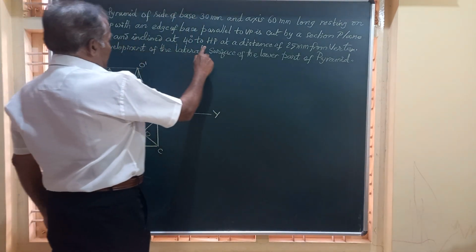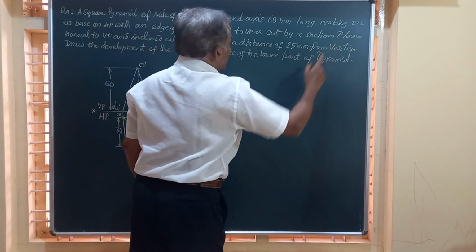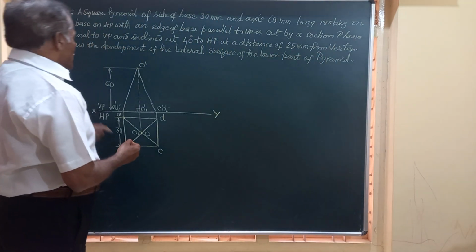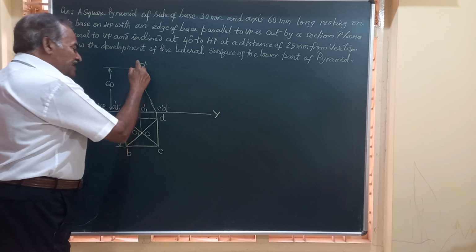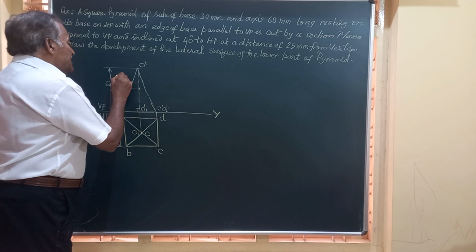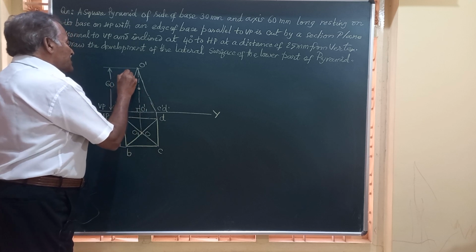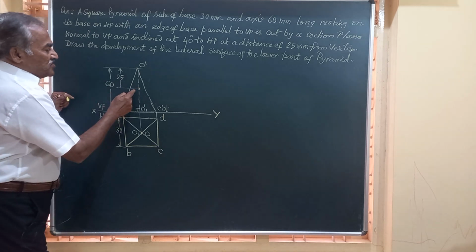Normal to VP and inclined at 40 degrees to HP at a distance of 25 mm from the vertex. So friends, I will take a point here on the axis O dash, O1 dash at a distance of 25 millimeter from the vertex O dash. So the section plane should pass through this point.